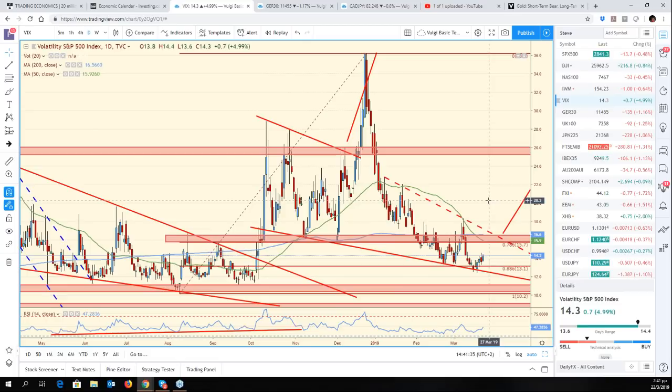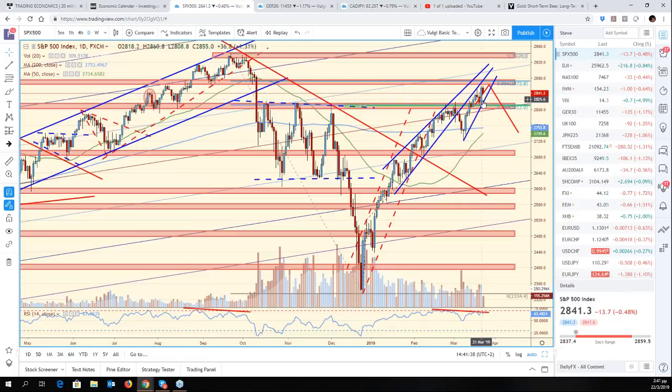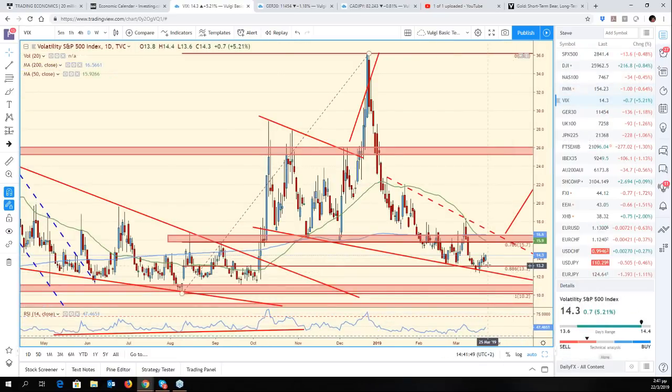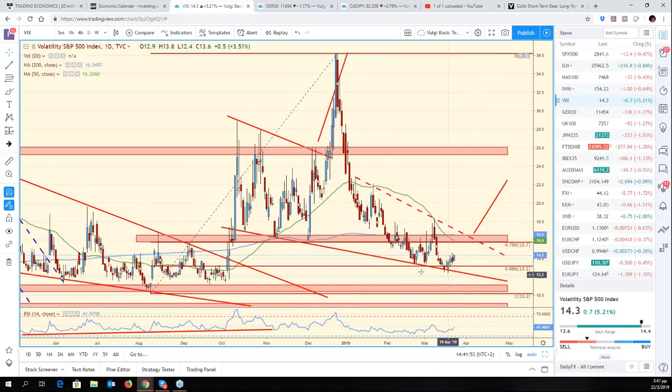And let me add one thing here. As you see, yesterday we had a very, very strong move to the upside, and we had a new high since October, actually. But at the same time, the VIX, as you see here, did not produce any low. VIX still held this descending trend line support, and this is something to monitor.